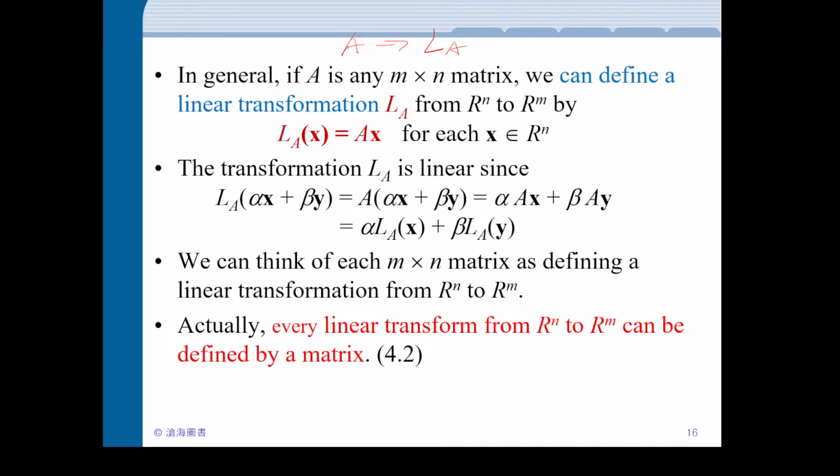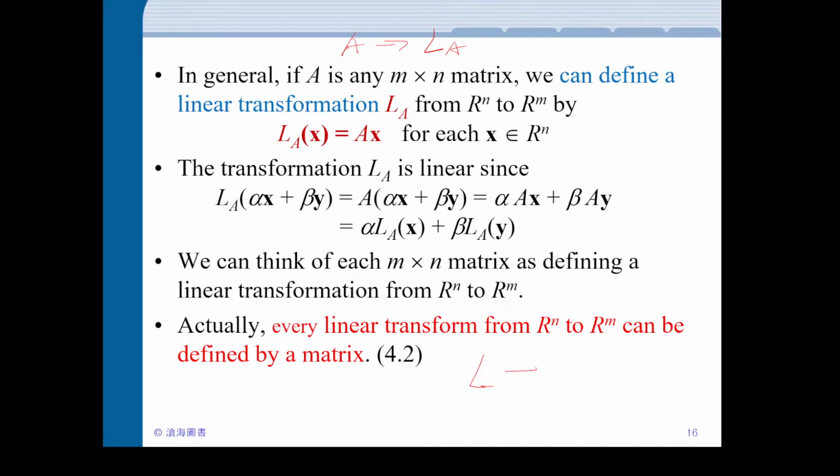And the interesting part is you can think about this in reverse. Whenever you have a linear transformation between two spaces, here we say on Euclidean space, so from Rn to Rm, then you can also define a matrix this way.